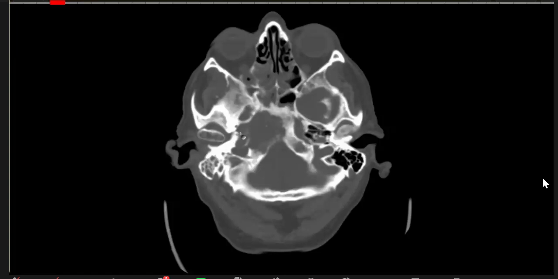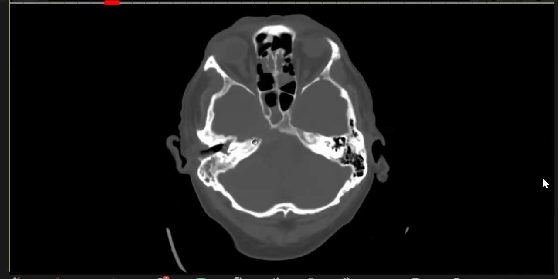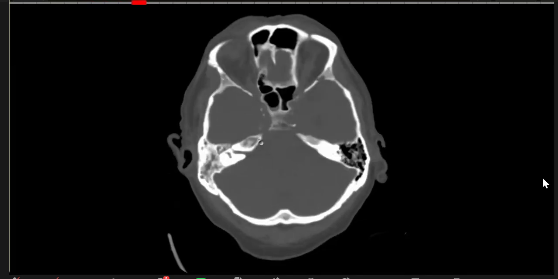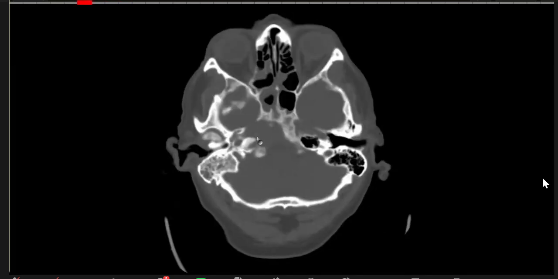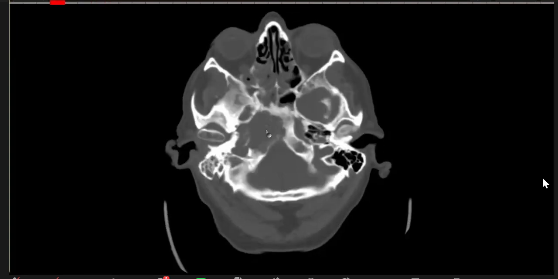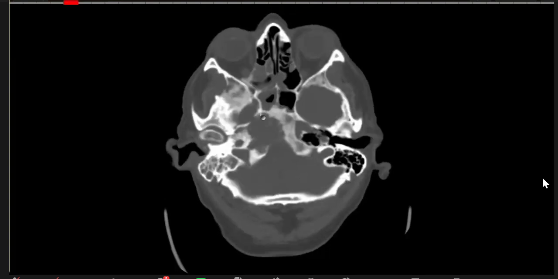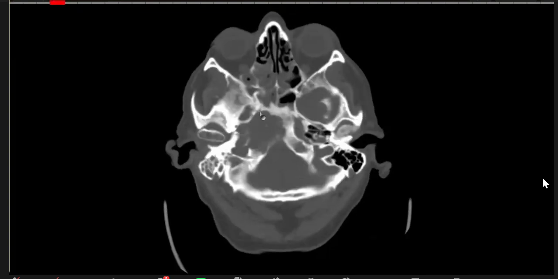The petrous apex also. It's invading the right petrous apex. There is a destruction of the right squamous temporal bone.